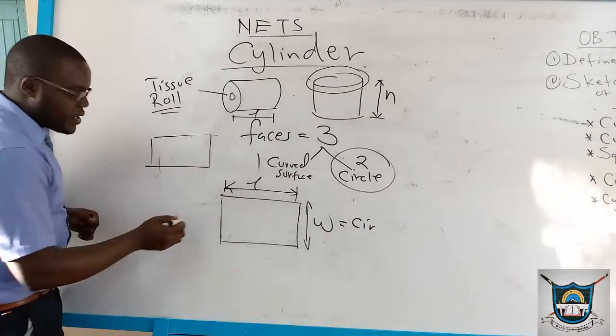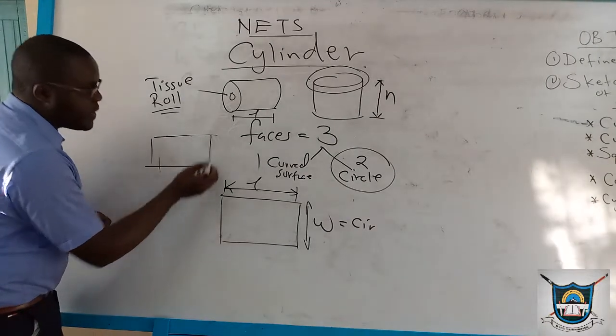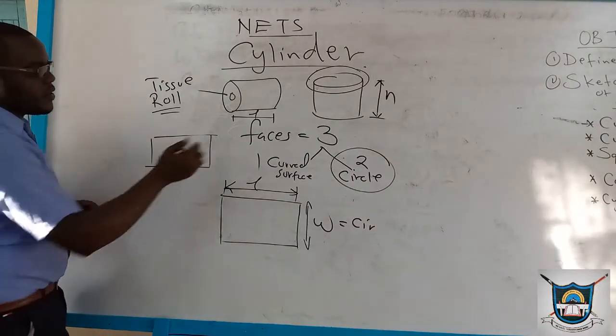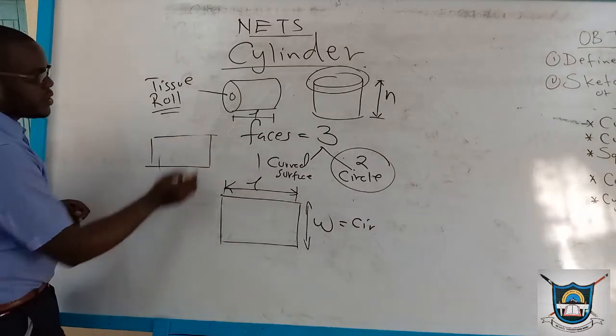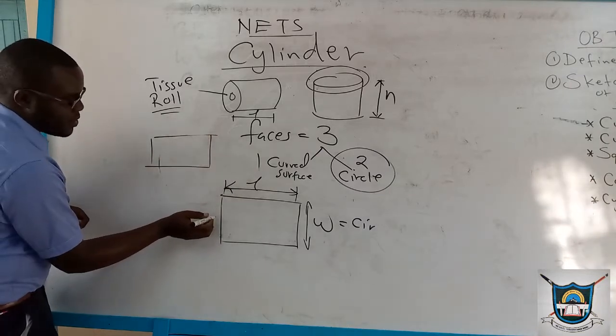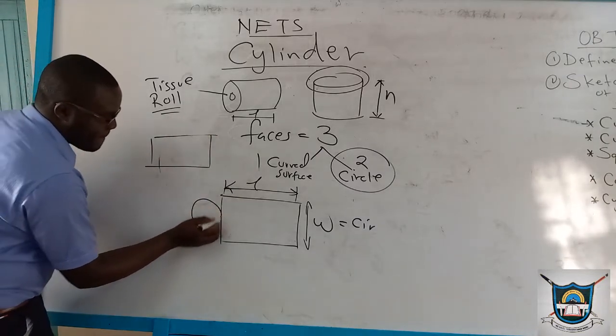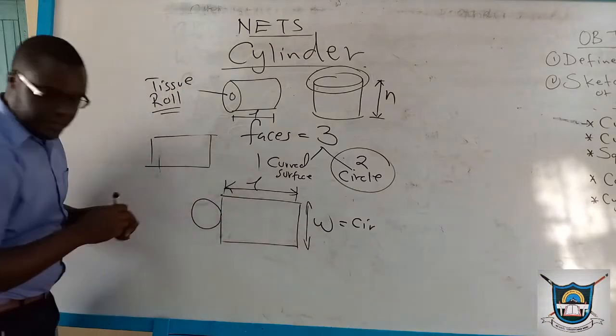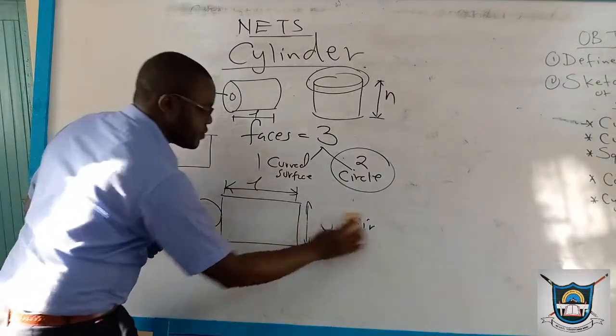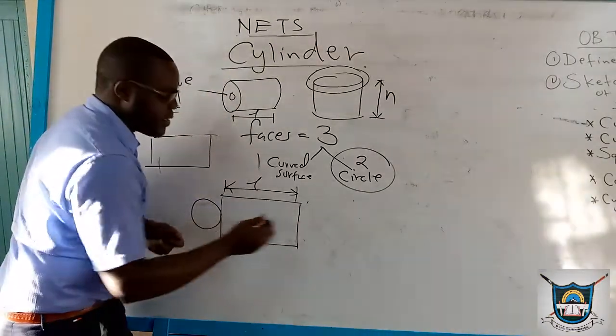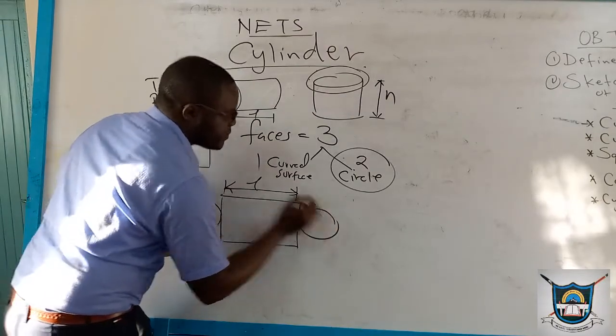I am free to draw them depending on which shape I am using. For the first case that I have drawn, I can draw them on this side and the other one on this other side.